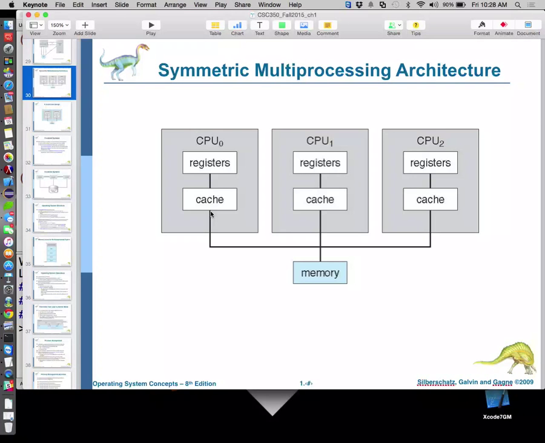They rely on being identical architectures. Even today, most of what we see is multiple core CPUs as opposed to multiple CPU machines.